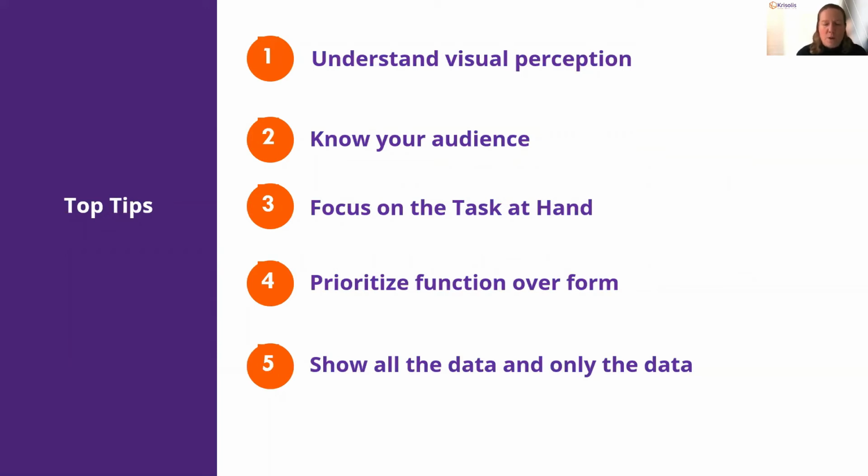Always think about, what is my chart trying to do, and does it do it? And show all of the data and only the data. It's really important not to allow your visualizations to be clouded by information that isn't relevant. So hopefully that was useful.